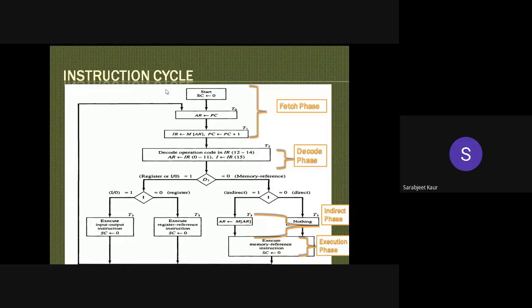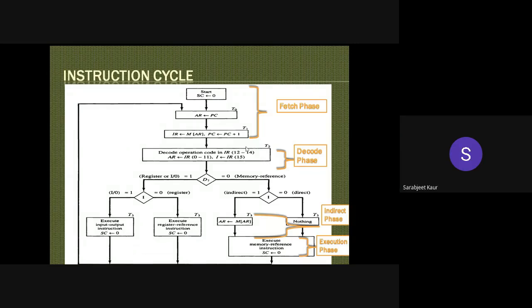Because I already told you that AR is the only register which is allowed to contain the address to which we want to either read or write in the memory. So if you have to interface with the main memory, you must first put the address in AR. Clear?